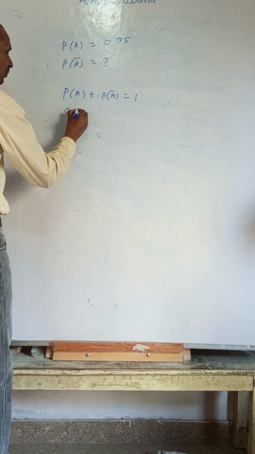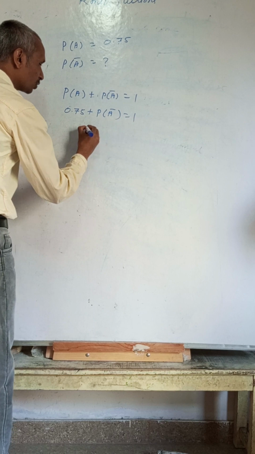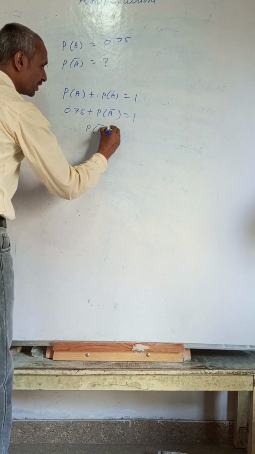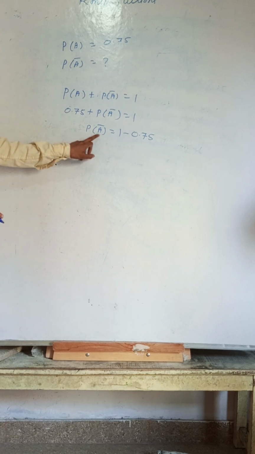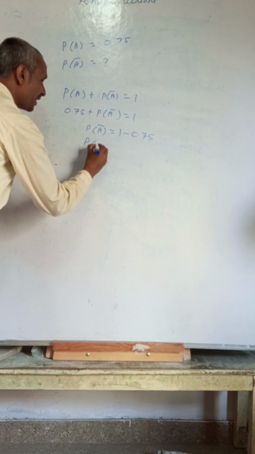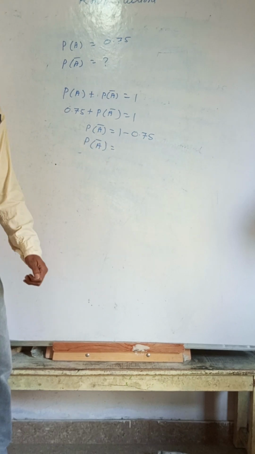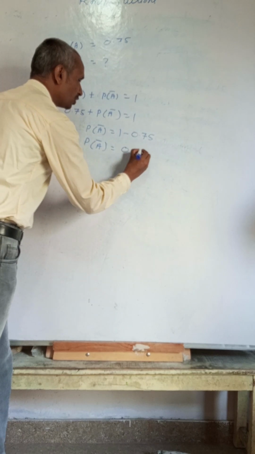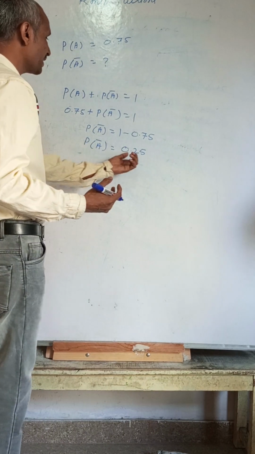This is 0.75 plus P(A bar) is equal to 1. So P(A bar) is equal to 1 minus 0.75, which is 0.25. So the probability of it not raining on the particular day is this one.